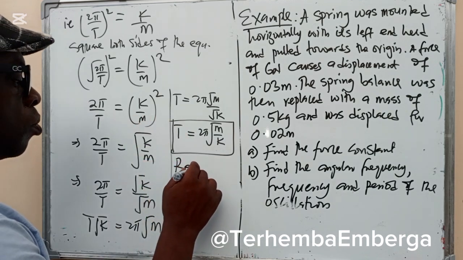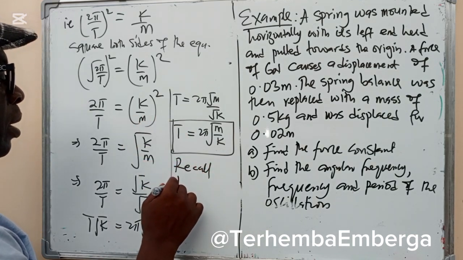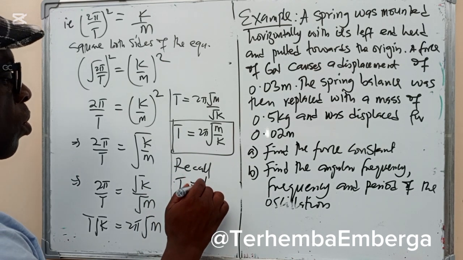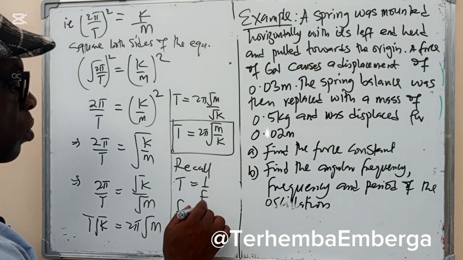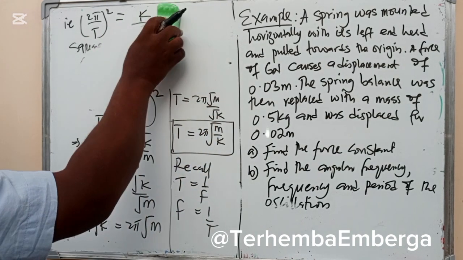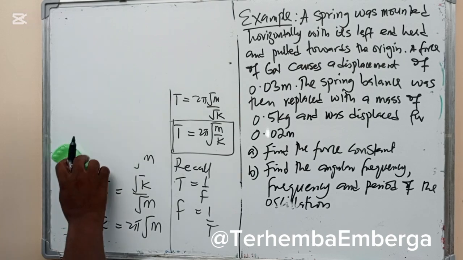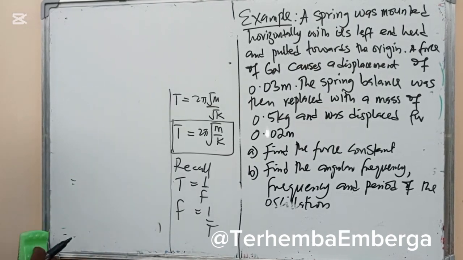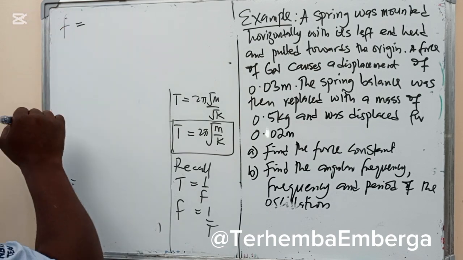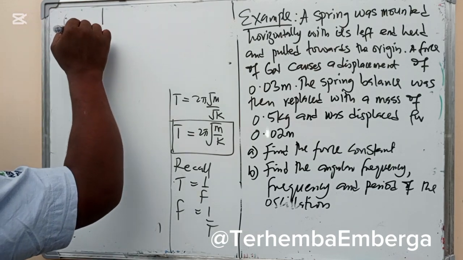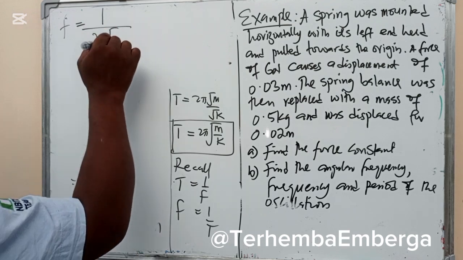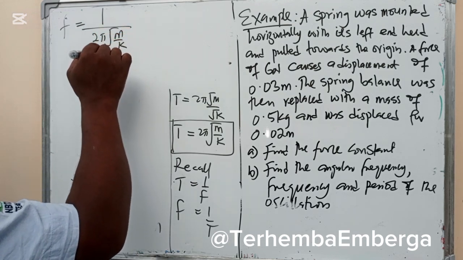So what of frequency? Recall that period t is equal to 1 all over f, and f is equal to 1 all over t. We know this. So by the time you evaluate this, frequency now becomes f equal to 1 all over 2 pi square root of m all over k.